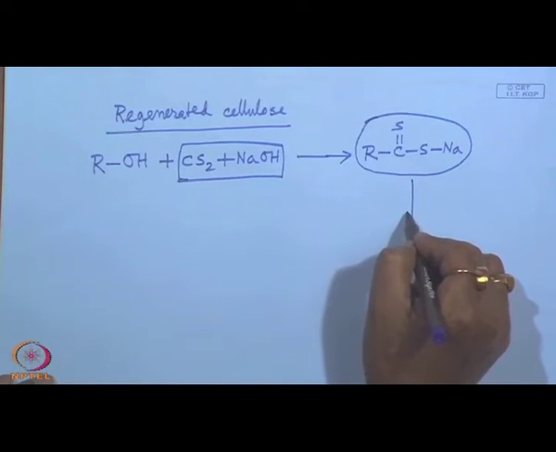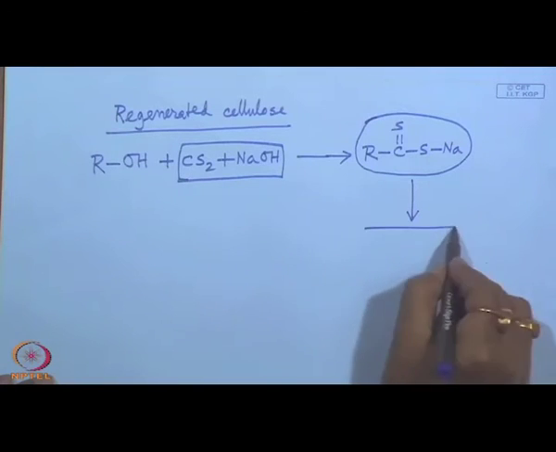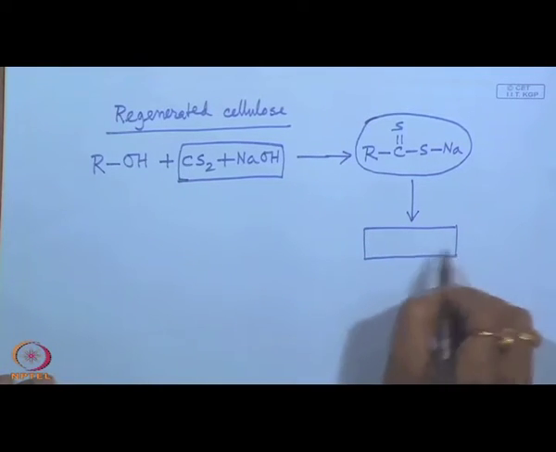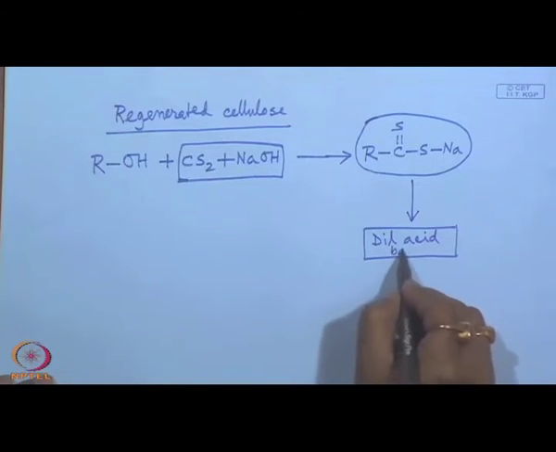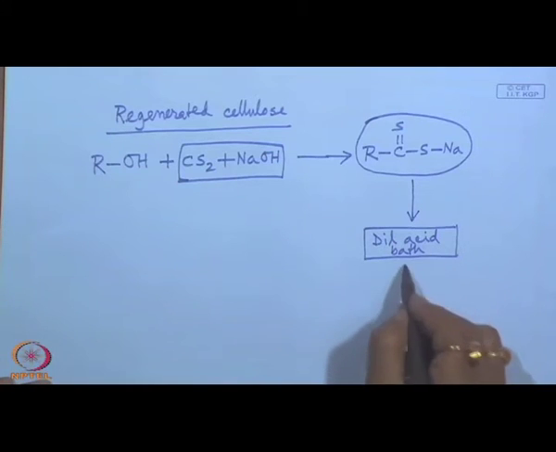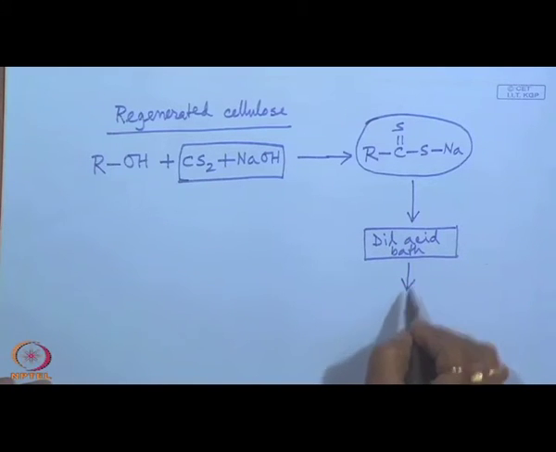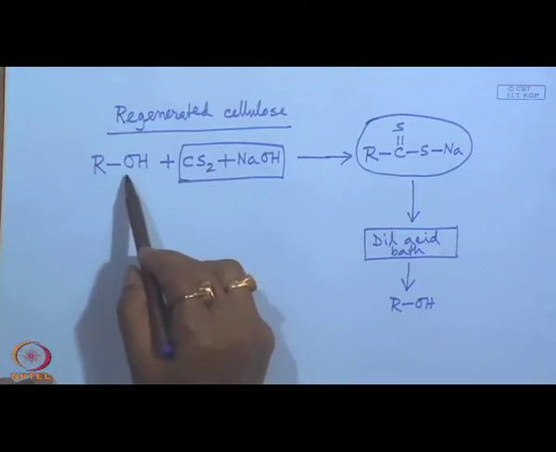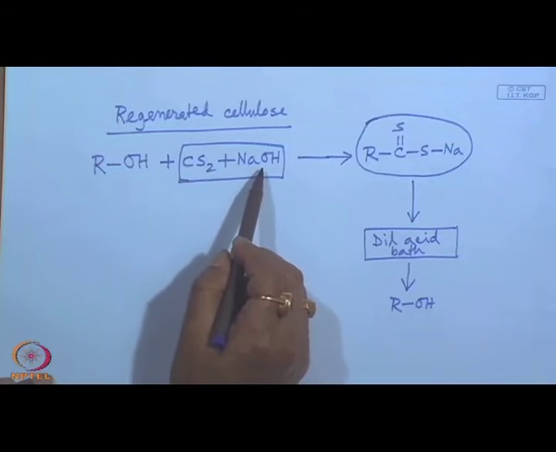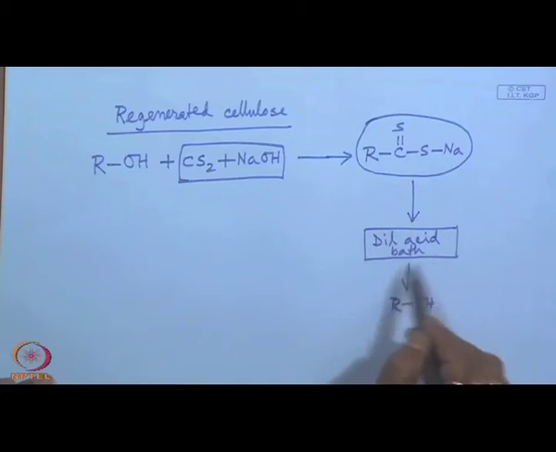Then, if it is put in an acid bath, say dilute sulfuric acid, cellulose will be regenerated. This process of treating cellulose with carbon disulfide and sodium alkali and then reprecipitating in an acid bath gives back the cellulose.